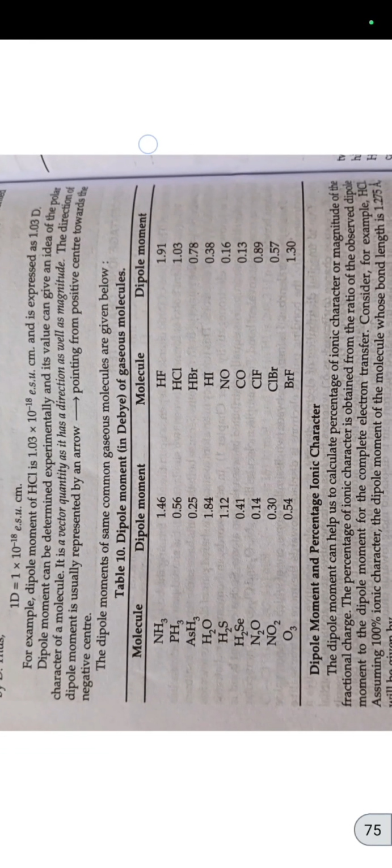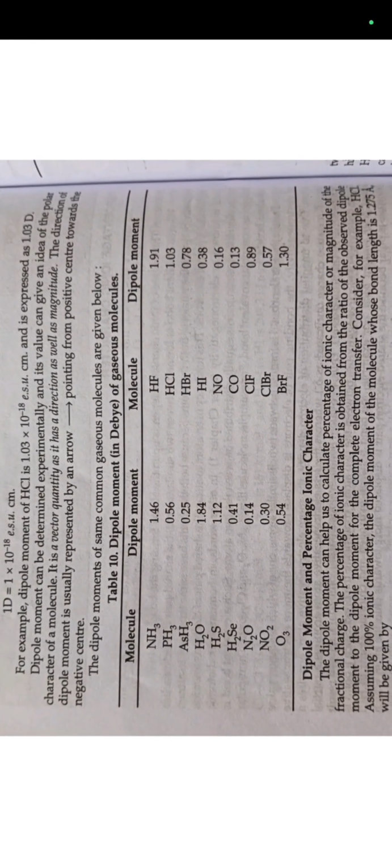This is a unit called the debye and it is represented by D. Dipole moment can be determined experimentally and its value can give an idea of the polar character of a molecule. It is a vector quantity and it has a direction as well as magnitude. The direction of the dipole moment is usually represented by an arrow pointing from the positive center toward the negative center.